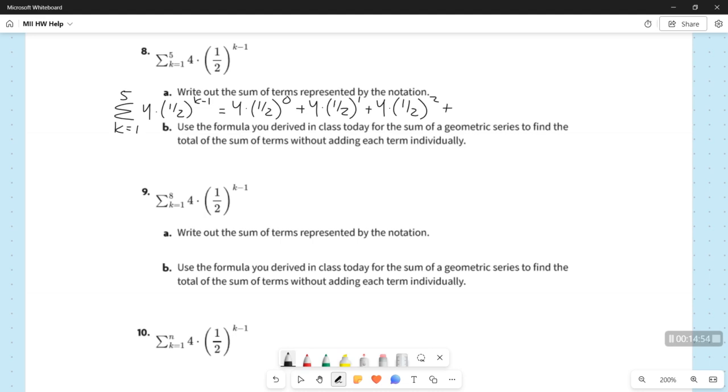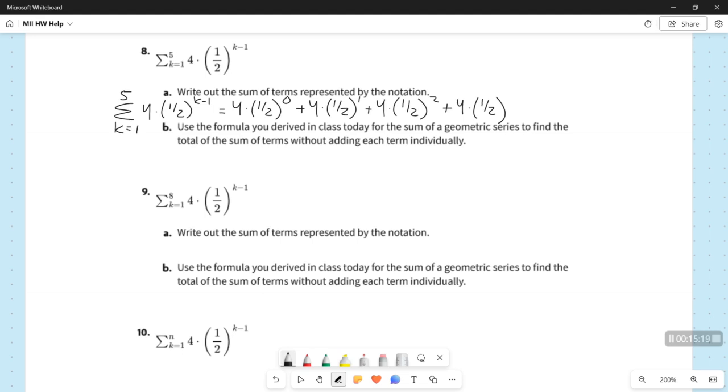And this will continue. Now, it turns out that in this one there's only 5 terms, so unlike 6, I'm just going to go ahead and write all 5 terms. Let's wrap this up. 4 times 1/2. Hopefully you're noticing a pattern here. My k value went 1, 2, 3, now it's 4.